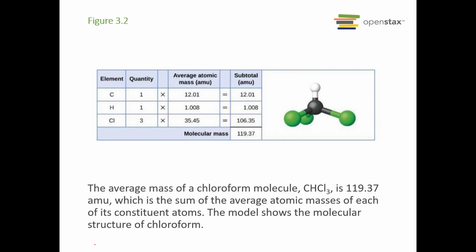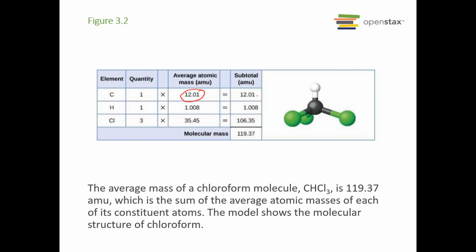Sometimes it's above on some periodic tables, but on most of the ones that you'll see, it's usually below the element. So if we take carbon, its average atomic mass according to the periodic table is 12.01 AMU.